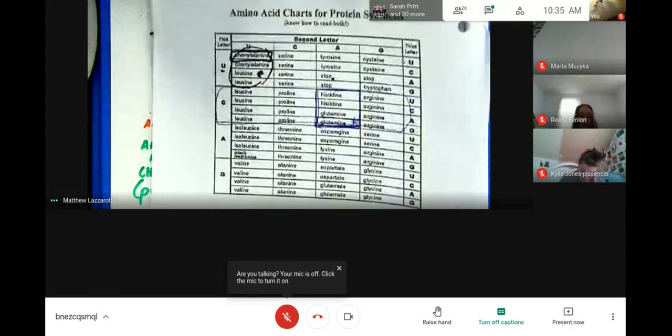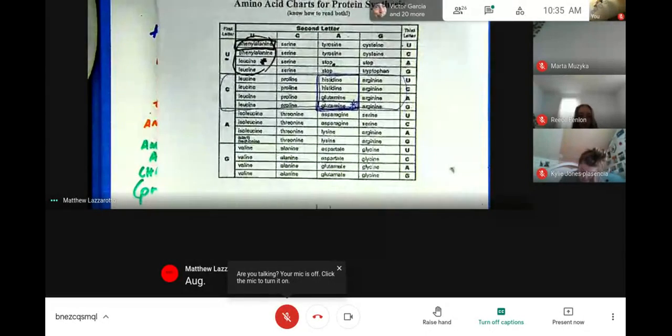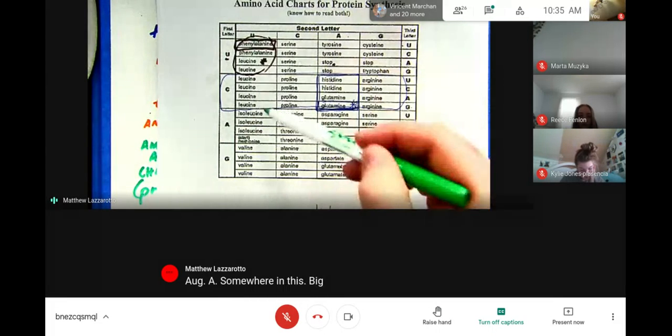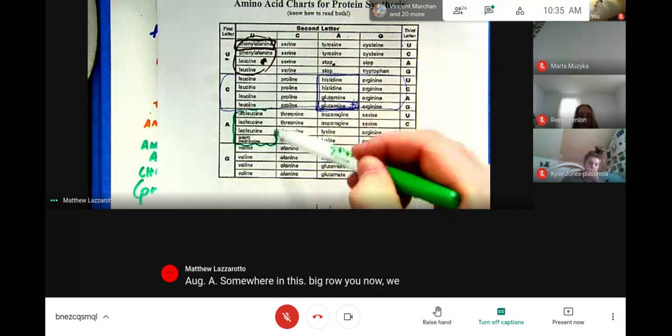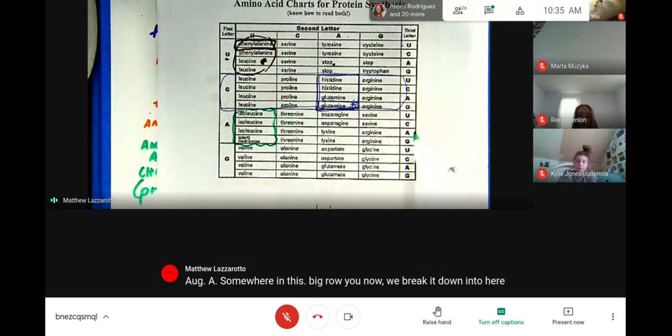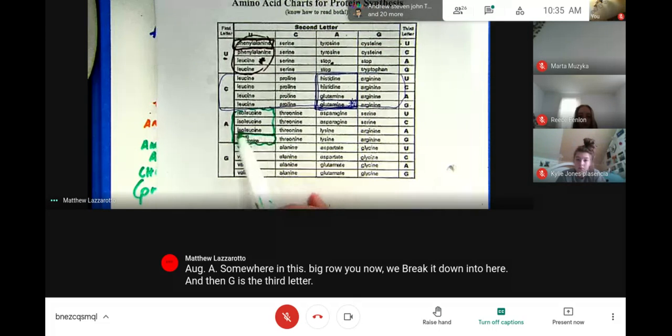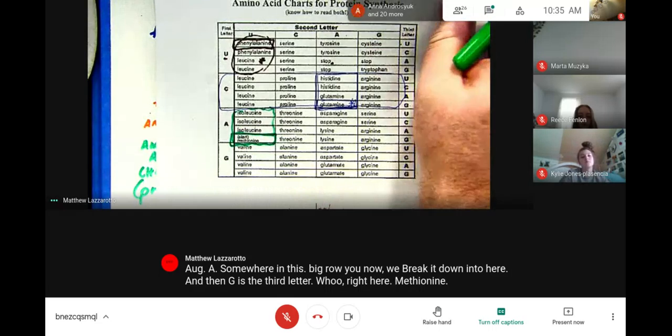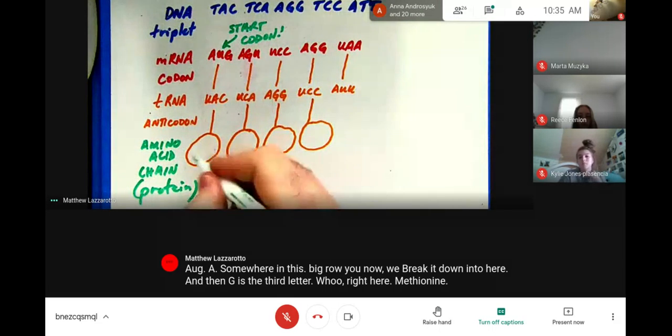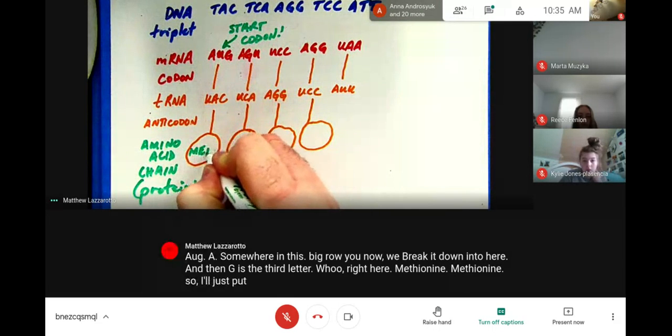A somewhere in this big row, U, now we break it down into here, and then G is the third letter. Right here. Methionine. So I'll just put meth.